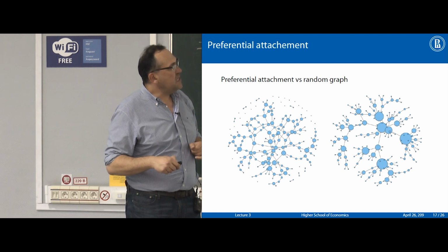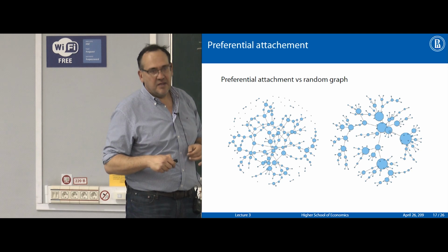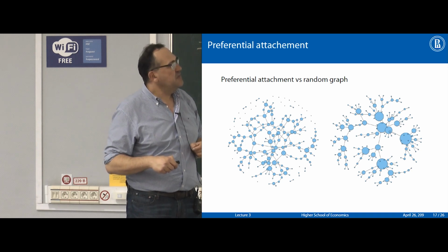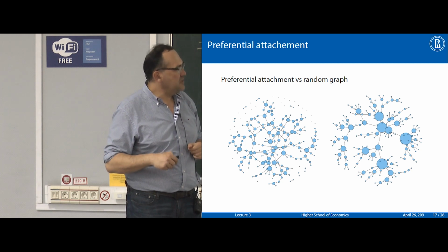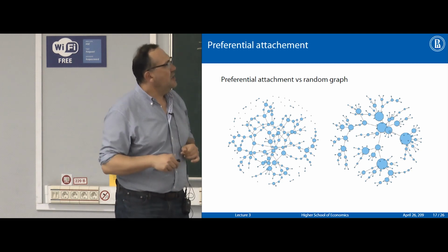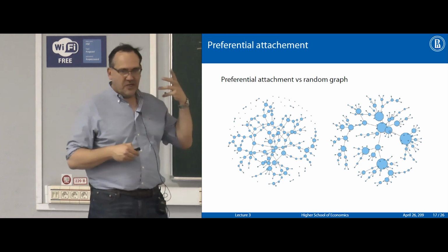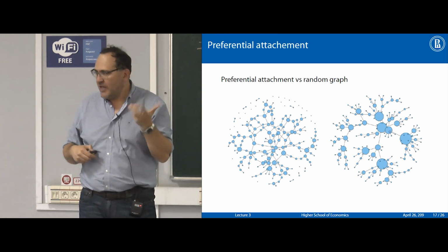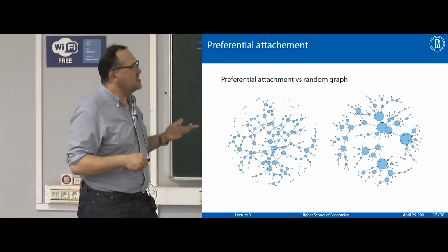Over here, there are some nodes which have much higher size, much more connections. Very uneven degree distribution. That's power law degree distribution. This is Poisson. I know that's maybe subtle, but when you see those graphs, you can actually see the difference. It's noticeable.